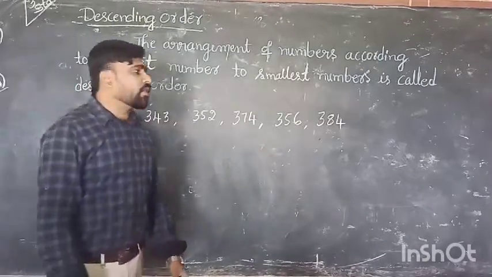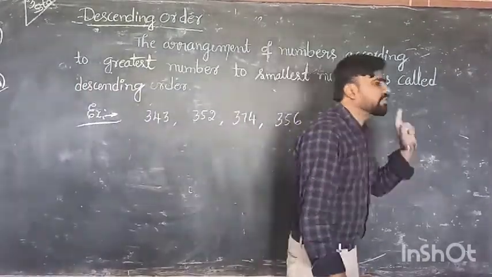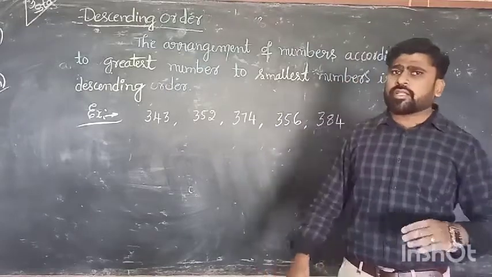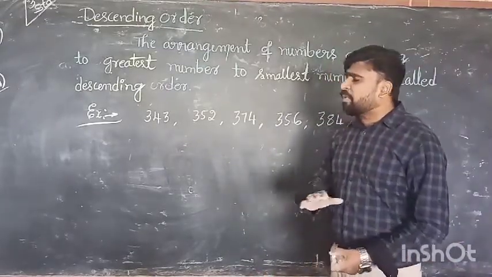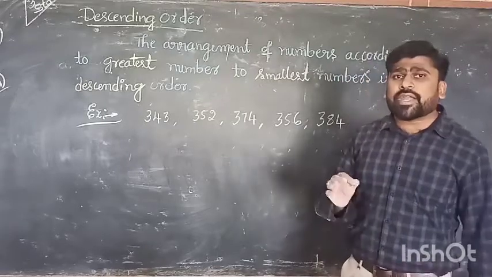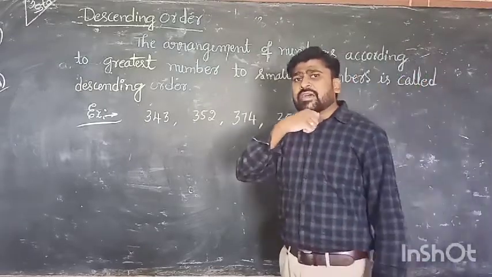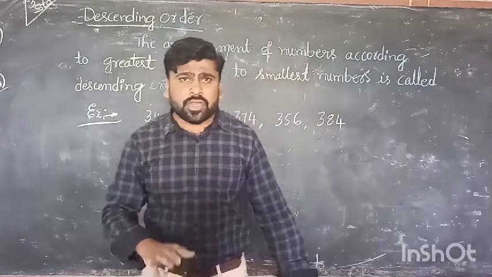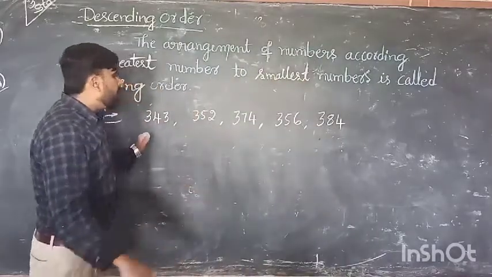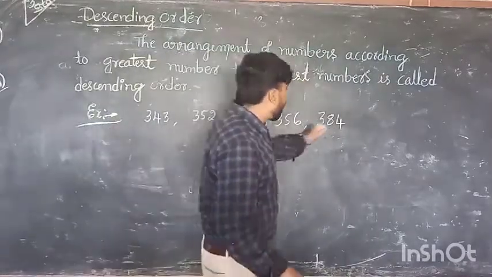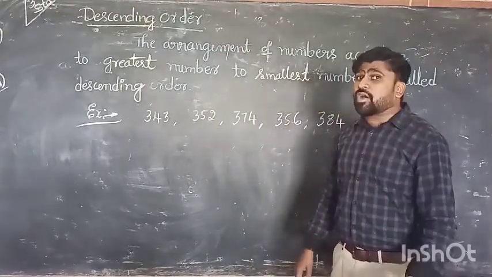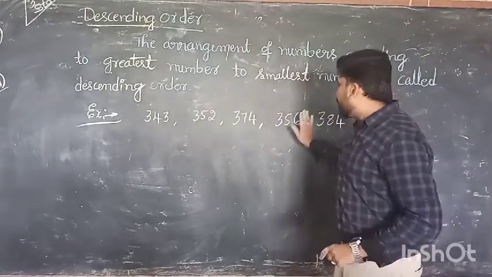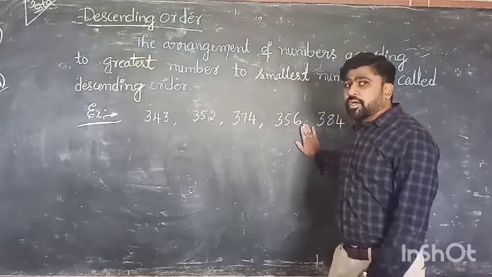Regarding the descending order, I have taken 5 examples. Clear? In the previous one, I just explained how to identify the small number and the big number. Here, all the 5 are 3-digit numbers. Correct? Regarding the descending order, first you have to check which is the big number.